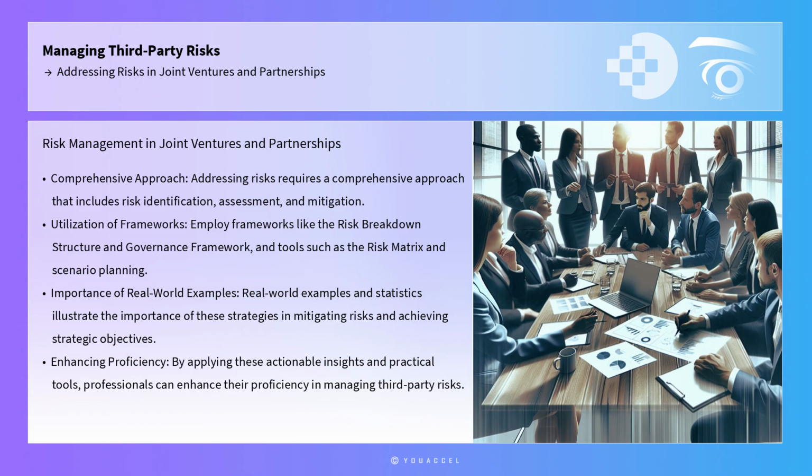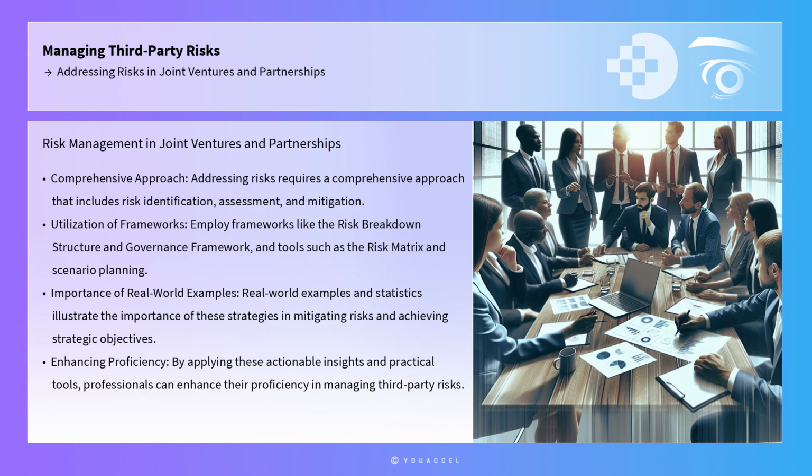In conclusion, addressing risks in joint ventures and partnerships requires a comprehensive approach that includes risk identification, assessment, and mitigation. By employing frameworks such as the risk breakdown structure and governance framework, and utilizing tools like the risk matrix and scenario planning, companies can effectively manage risks and enhance the success of their partnerships.